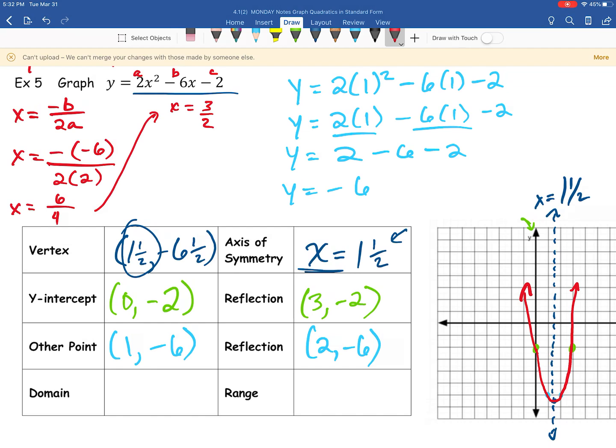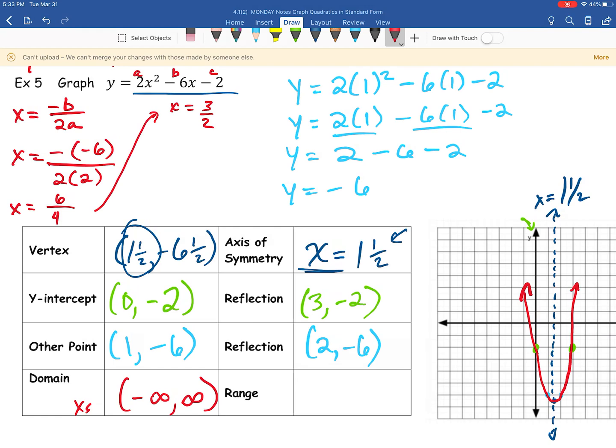Now to help us out with domain and range: for parabolas, the domain, again the x's, is always going to be between negative infinity and positive infinity. Whereas for the range, that's where you have to really pay attention and see what's possibly the minimum value or the maximum value, or what's the smallest y value that you can reach towards the highest, or vice versa.